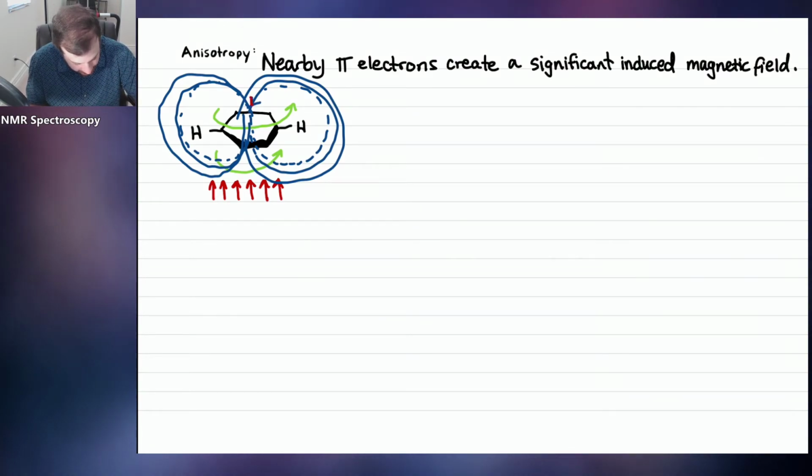So let me try and do it with little red arrows to show that the direction of these magnet lines is going down. But look what happens on the perimeters, on the outside of these magnet lines. They actually face with the applied magnetic field. It's only in the center that they're opposing the magnetic field, but on the outsides, they're contributing to the applied field. So what that means is this poor hydrogen out here is in absolute hell.